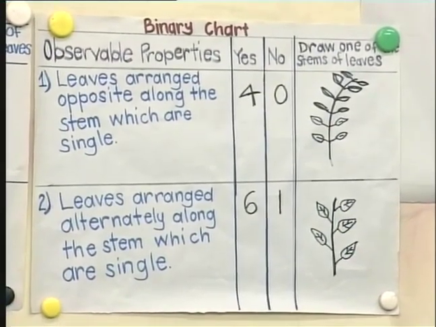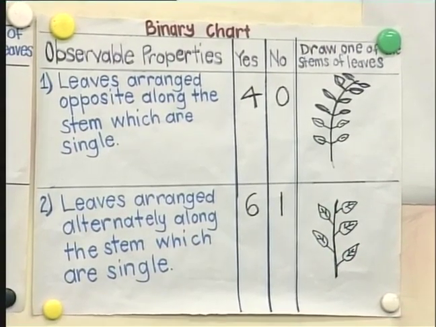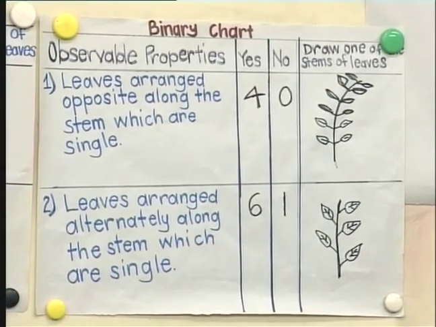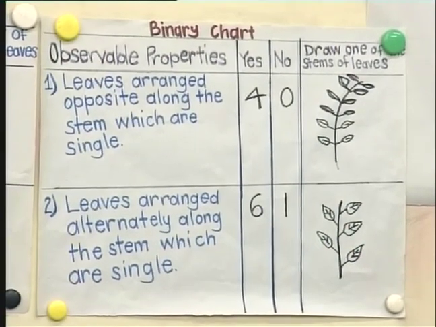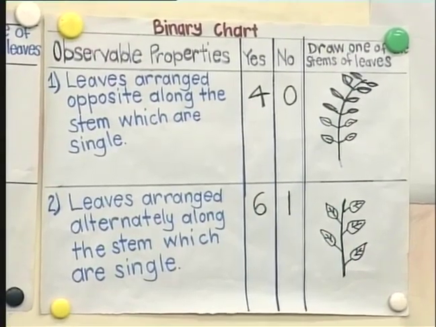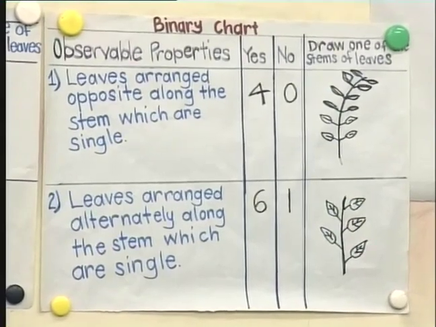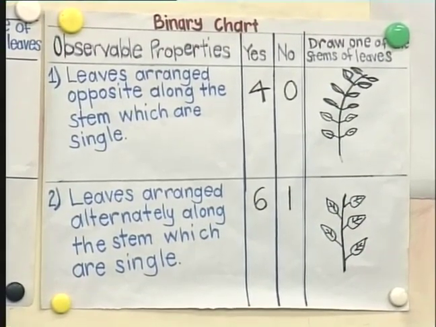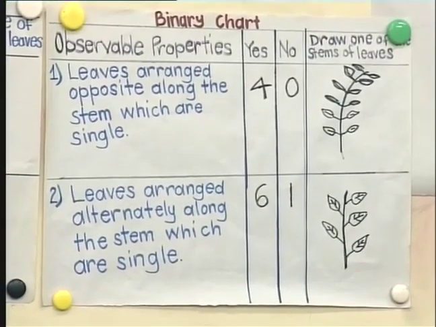But with leaves arranged alternately, they found 1. When they sorted out, 6 of them leaves are single on the stem, and 1 they found that leaves are not single. They are in cluster. I hope you have also found out the same in your groups when you were sorting out the leaves into those 2 subsets.